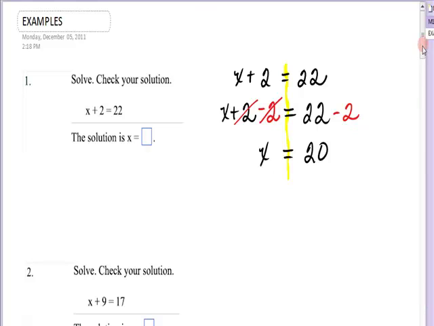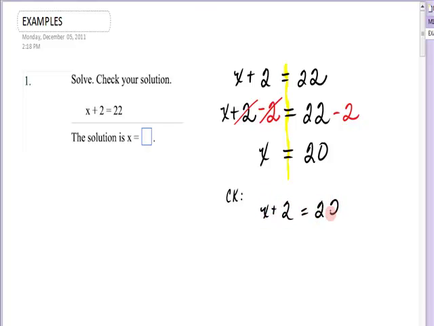All right, let's look at another. Oh, it does say to check it. In my mind, checking is optional, but I will show you how to do it. The check is to actually substitute in the number that you got for x and see if you have a true statement. You have x plus 2 is 22. So you're going to substitute in 20.